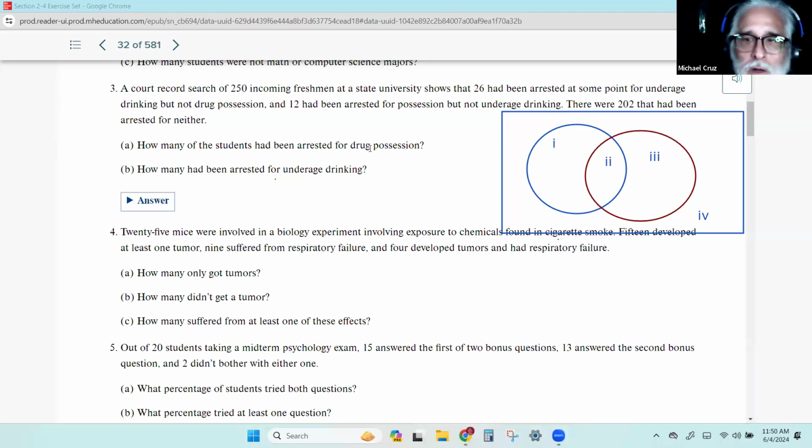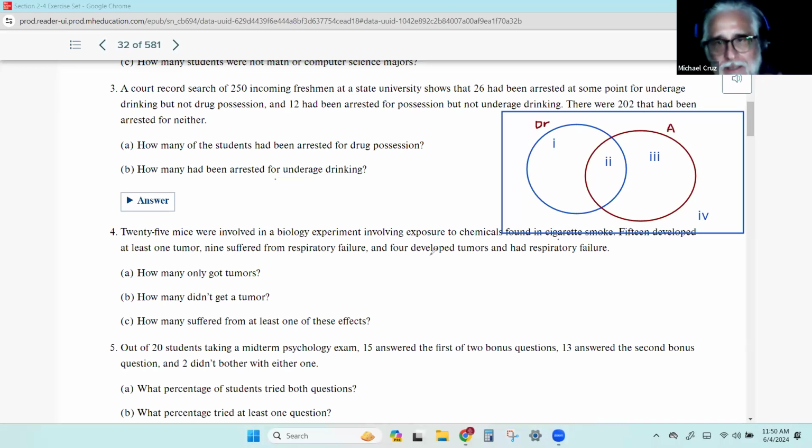All right, so we're just going to label. We're going to put D for drug, and then we'll put A for alcohol. How about that?